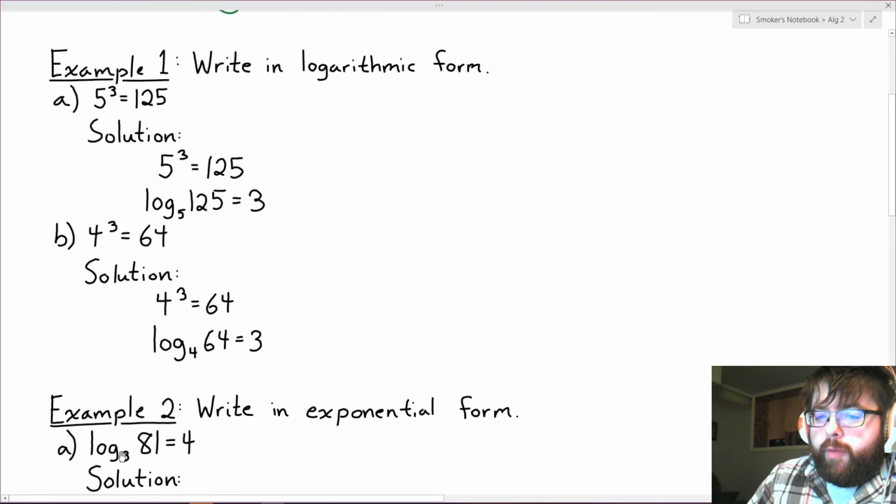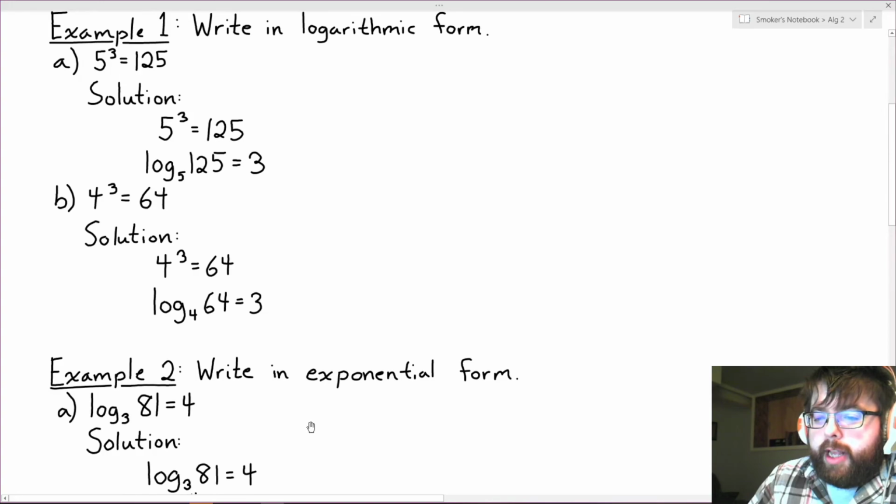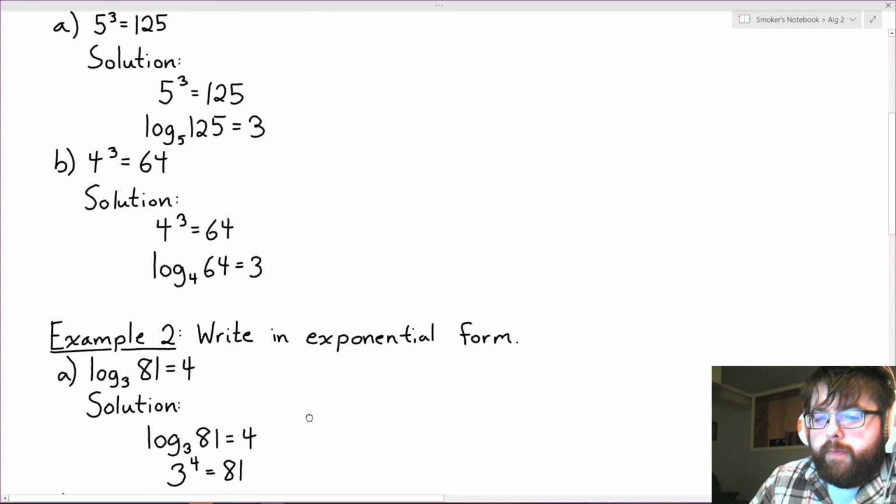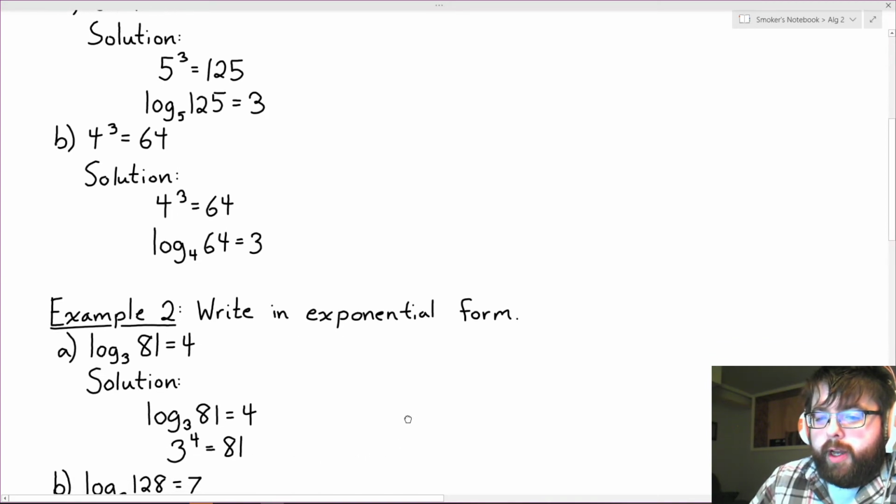For instance, log base 3 of 81 is equal to 4. In exponential form, the base is 3, the power is 4, and it's equal to 81. So this is logarithmic form, this is exponential form, and we're just rewriting here.